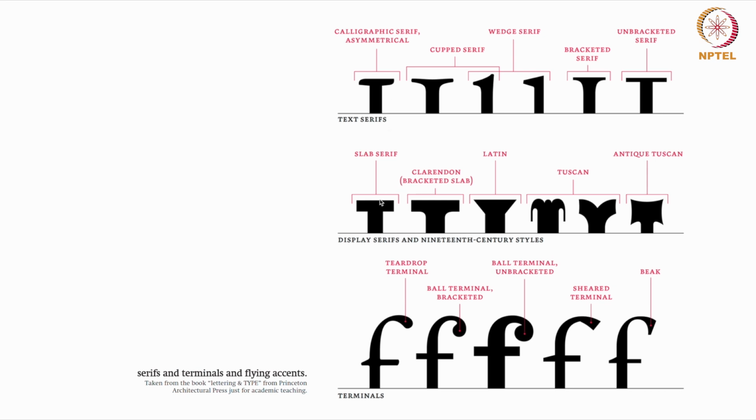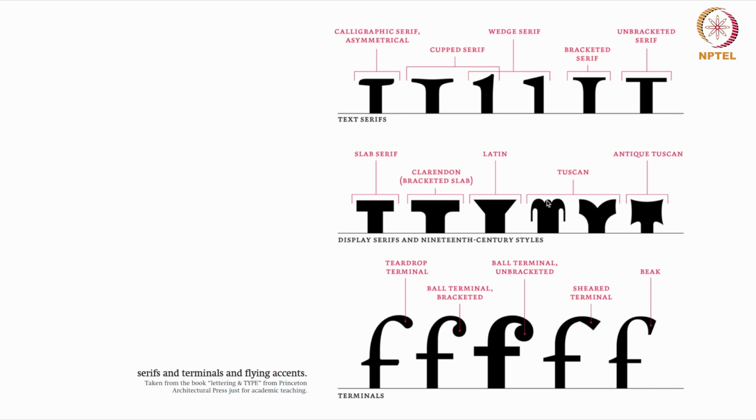Within that, there is slab serif where you have a slab kind of structure attached. Then you have bracketed slab where you have a curve. Here the line is angular, 90 degree. Here you will find there is a curve. This category falls under display serif and 19th century style.